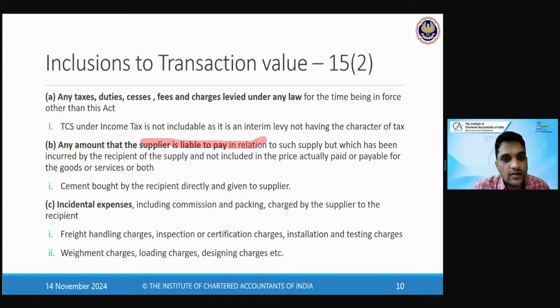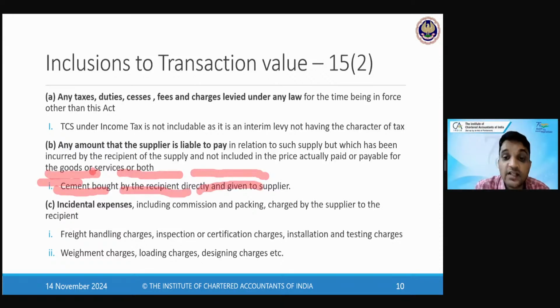Okay. Then the third aspect is in case of incidental expenses, which includes commission and packaging, which is charged by the supplier to the recipient. So any incidental expenses I incur for that supply has to be added. What are those? Freight handling charges, inspection or certification charges, installation and testing charges.